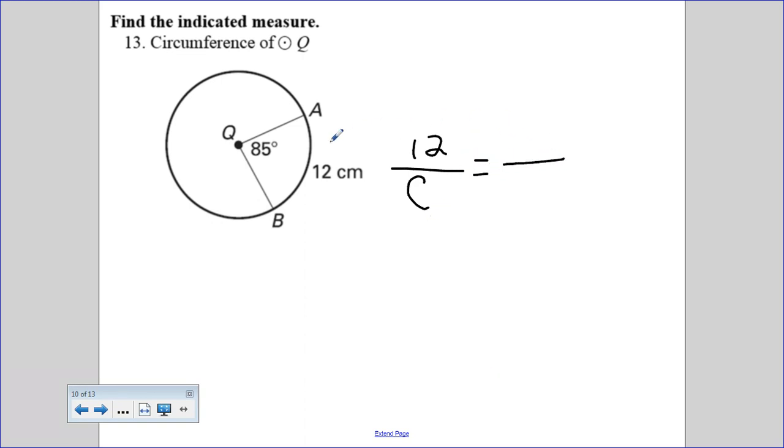Right, equals, it tells me the arc length 85, because that's the central angle, 85 over 360. Okay, so cross multiply, it's only asking for the circumference. So once you cross multiply, 12 times 360 divided by 85, you should get 50.82 centimeters. Right, if it wanted the radius, I would divide by 2 pi, and that's how I would get my radius.